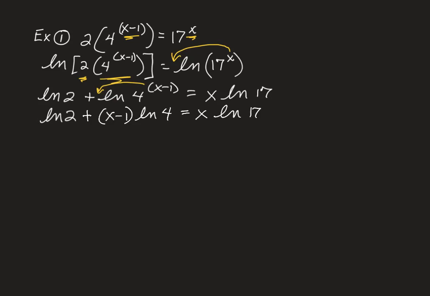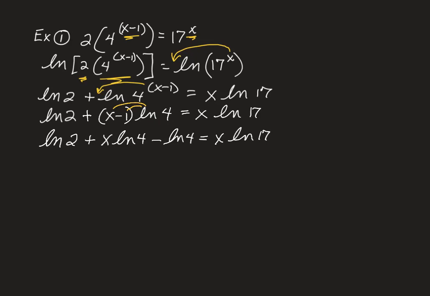I have x minus 1 times this natural log of 4, a binomial times another term. So let's do a multiplication here. Let's multiply each of those terms by the natural log of 4. So I would get x times the natural log of 4 minus 1 times the natural log of 4, or just the natural log of 4, equals x times the natural log of 17.